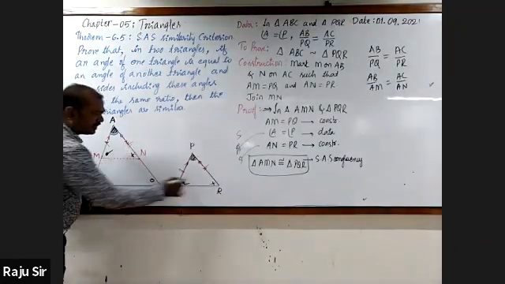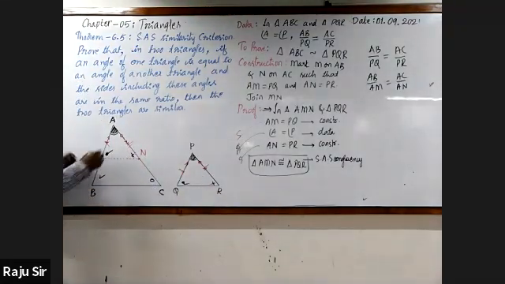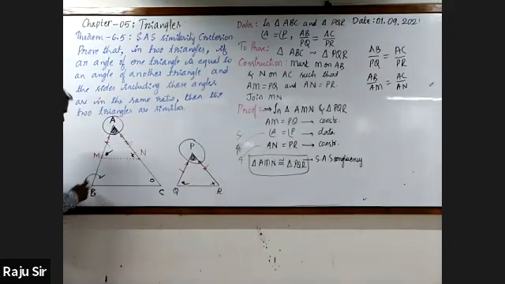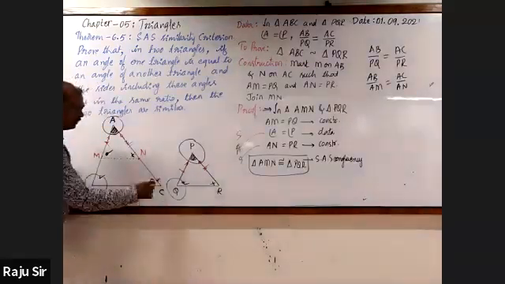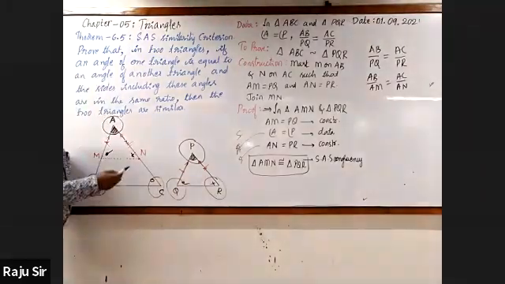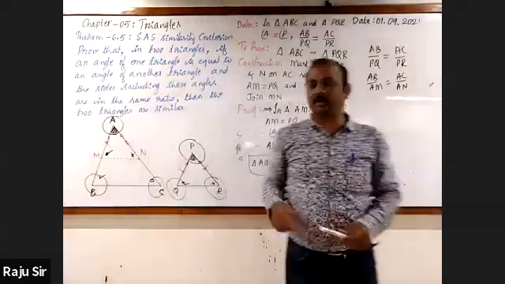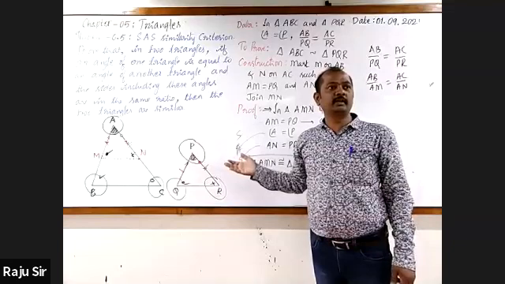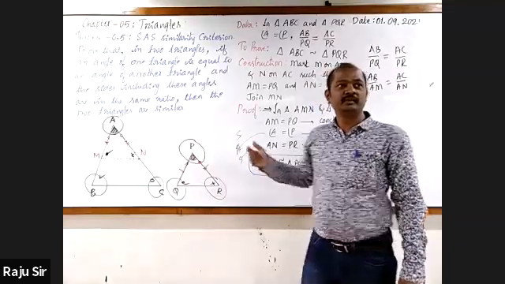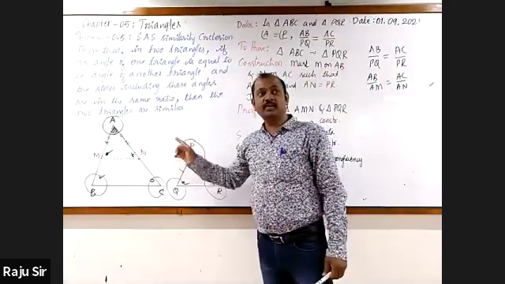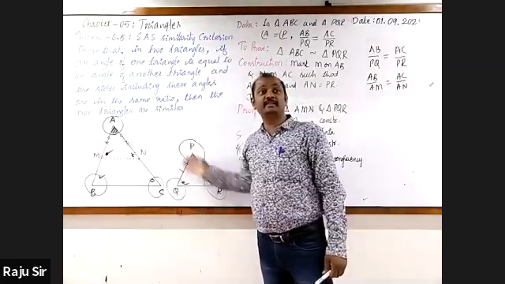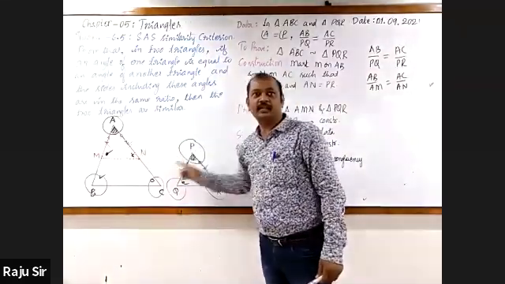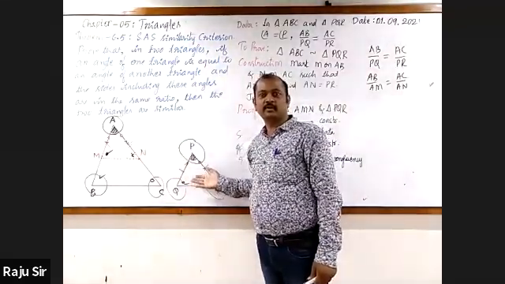Hence, angle C equal to angle R. See here, in these two triangles, A equal to P, B equal to Q, C equal to R. If the corresponding angles are equal, then the two triangles are similar, according to AAA similarity. To prove SAS similarity, they use AAA similarity. Understood?